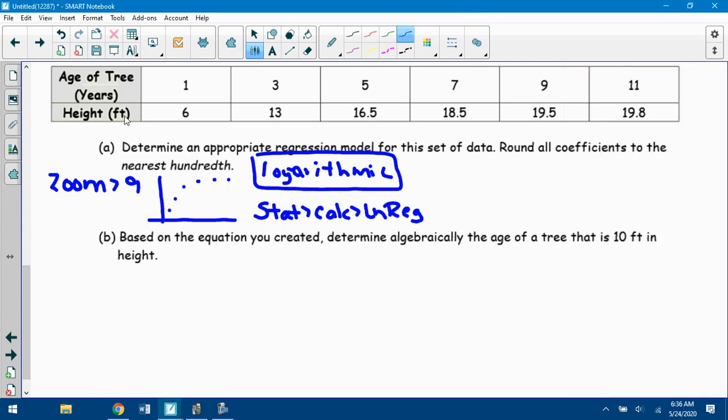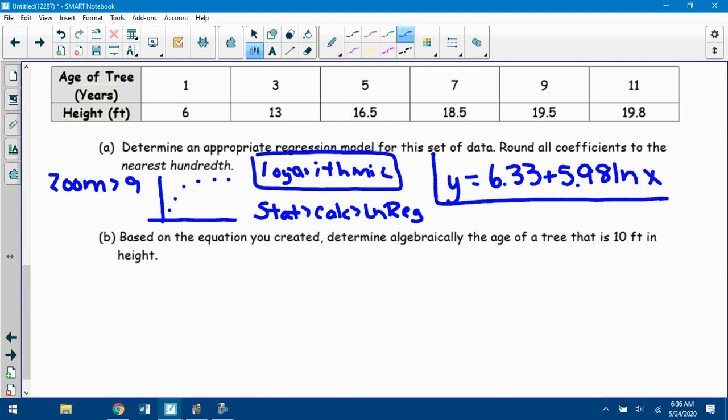And they don't give you specific variables to use, so we can use x and y. So y equals 6.33 plus 5.98 ln of x. There you go.